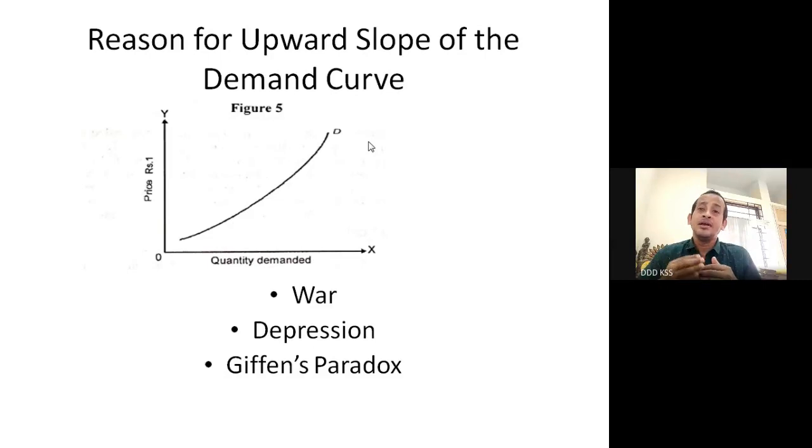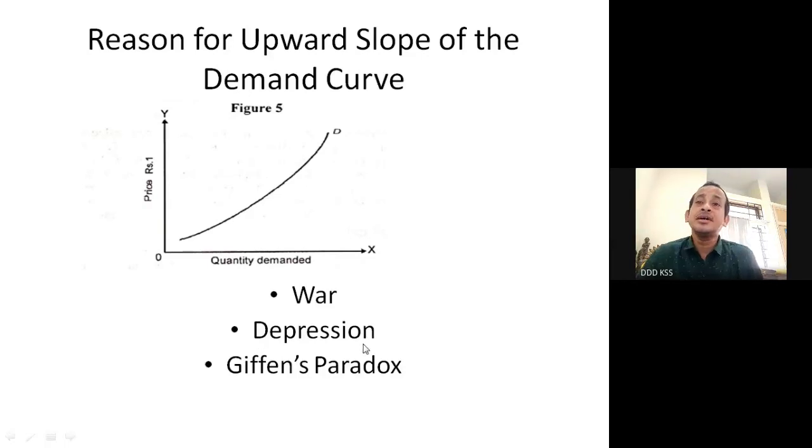Due to the fear that there will be a shortage of goods, consumers will try to buy more, then demand will increase very hugely, in an unexpected manner, and with that price will also increase. So one reason is that during the war, demand curve may have an upward sloping movement.